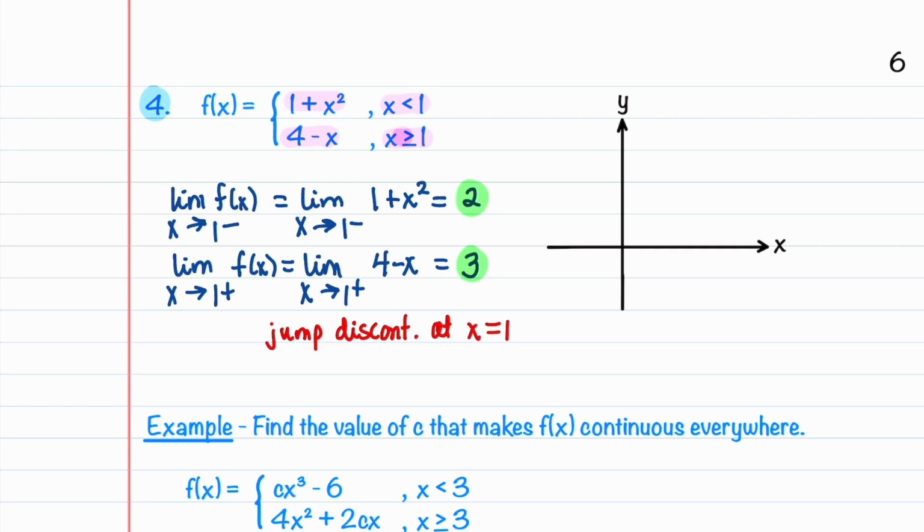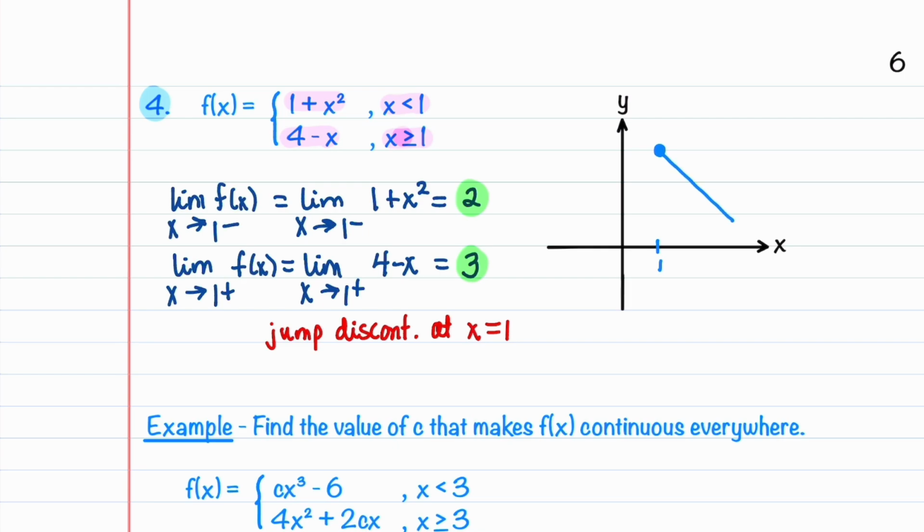Let me graph this for you just so that you can see this better. When x is equal to 1, we found that our function is equal to 3. So I'm going to put a closed circle right here. We'll mark this point 1. To the right of 1, our function is 4 minus x. That means it is going to have a slope of -1, and it's going to look like this.